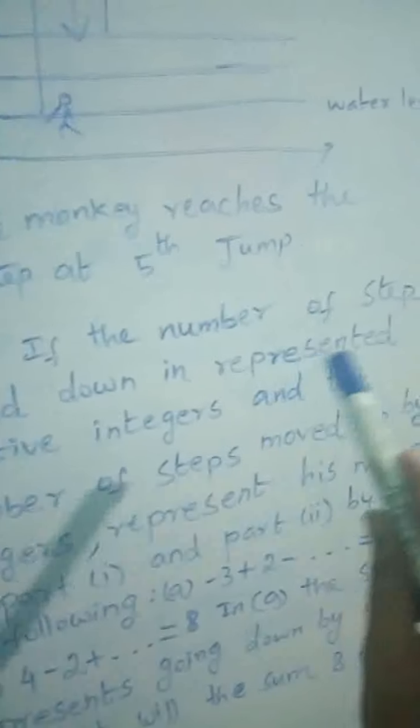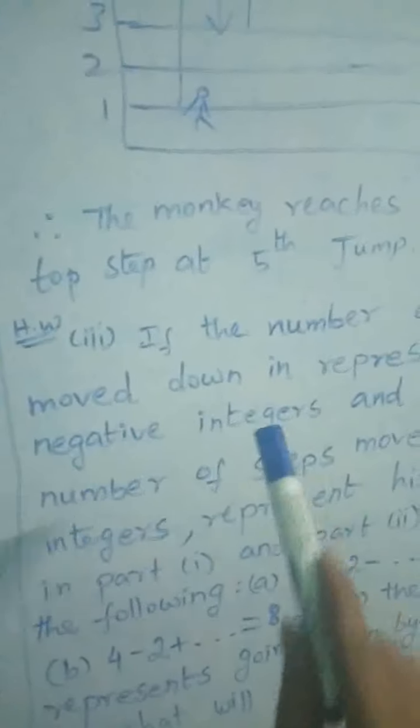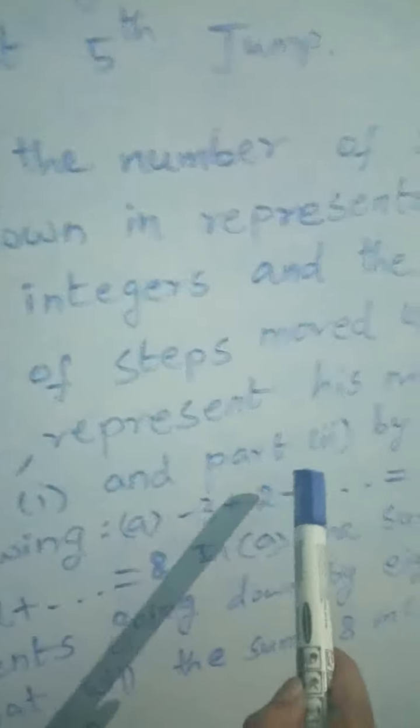Here you can see if the number of steps moved down is represented by negative integers. So they are representing moving down as negative integer and moving up as positive integer respectively. Okay, so first and second part by complete the following.